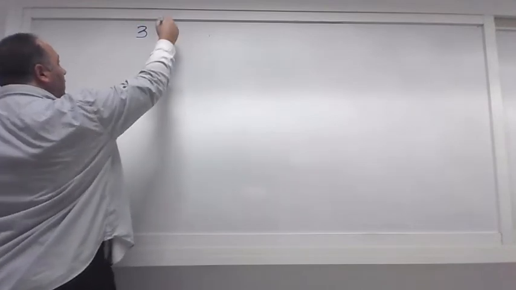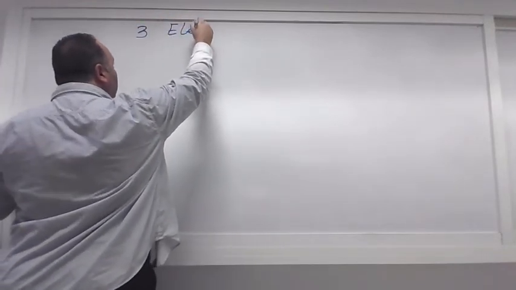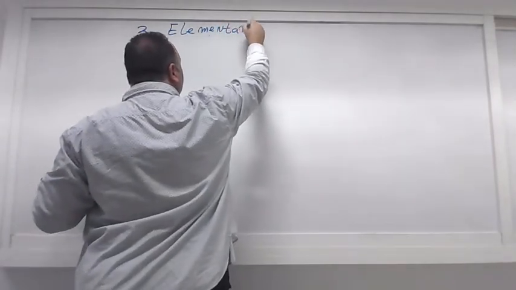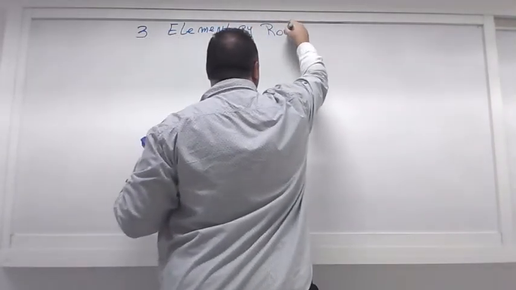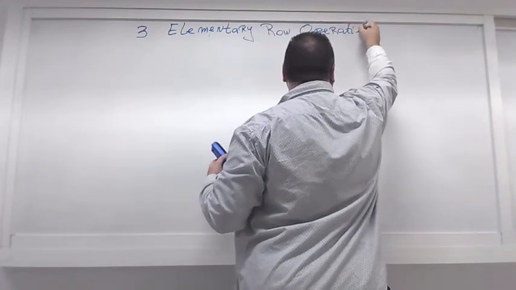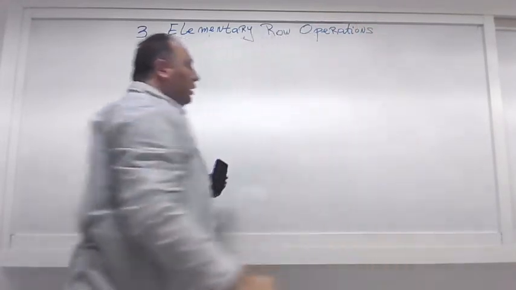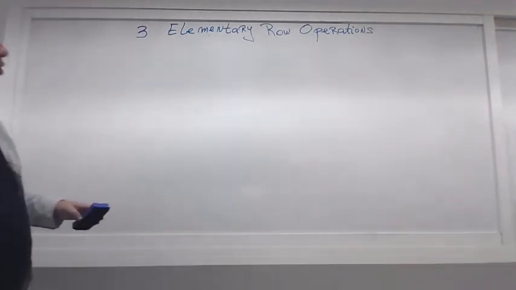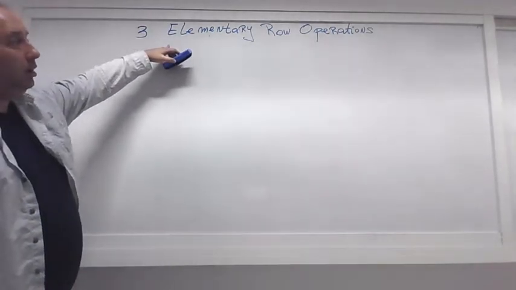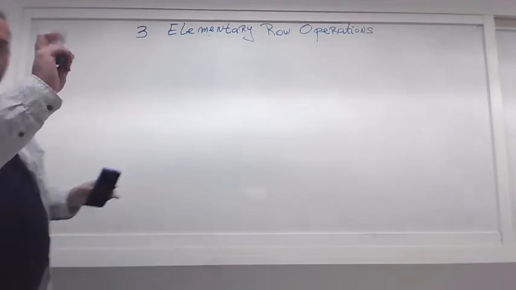So we have 3 elementary row operations. What does that mean? I have my matrix, ideally in augmented matrix form, when I solve the systems. And there are 3 operations that I can do on the rows that are legal and useful to us.